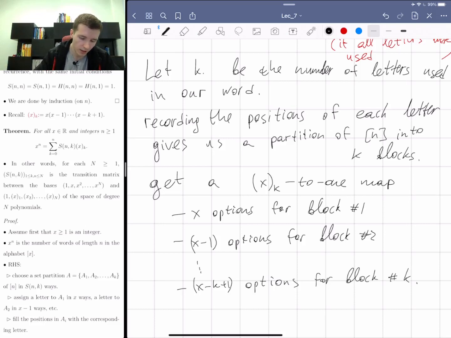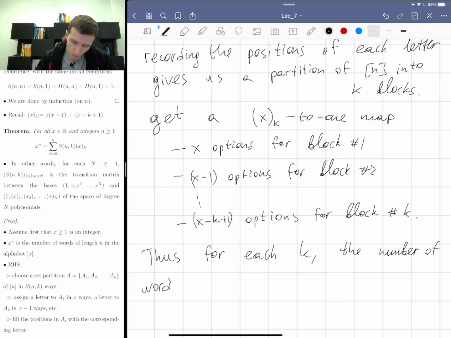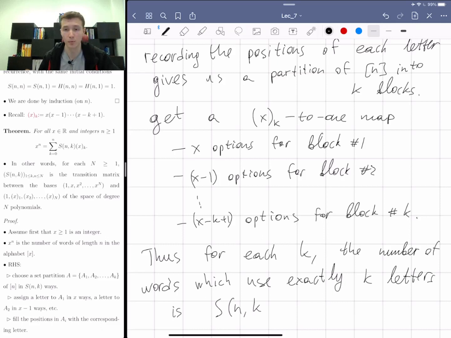And therefore, by the addition principle, for each k, the number of words which use exactly k different letters is S(n,k), the number of set partitions you can get, times this falling factorial.